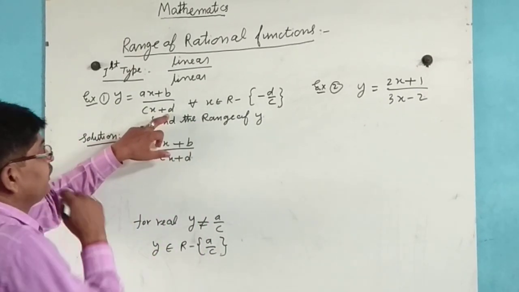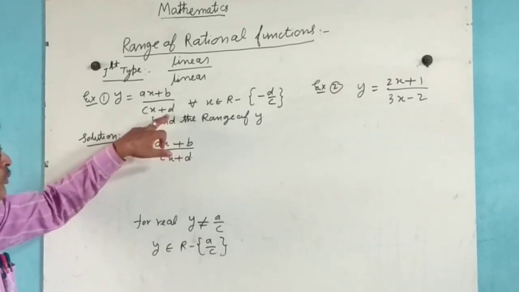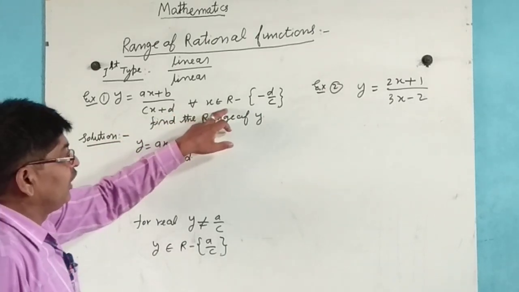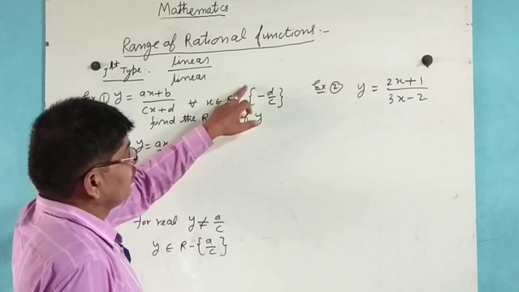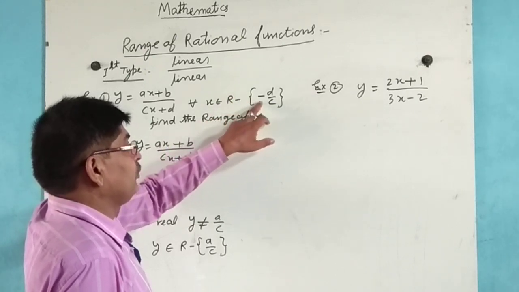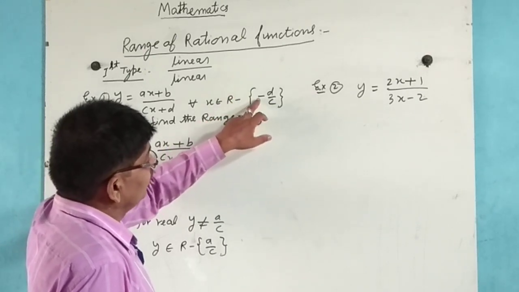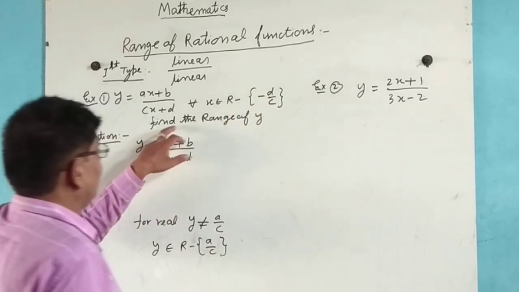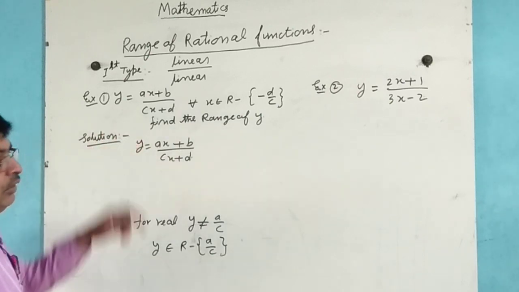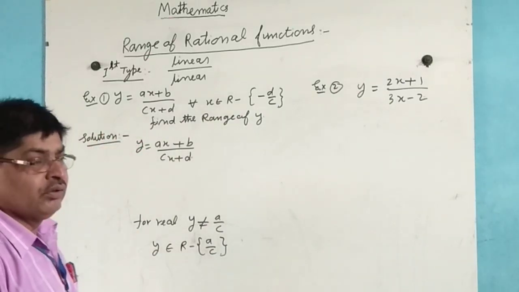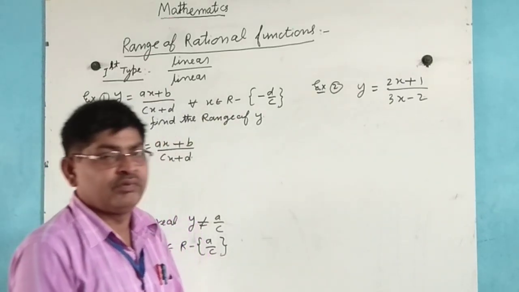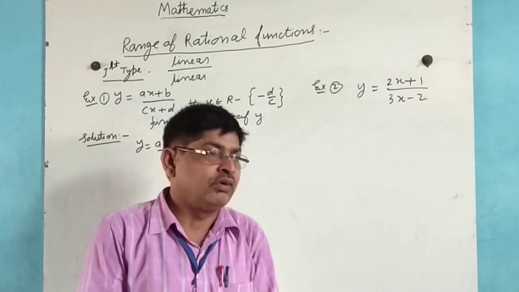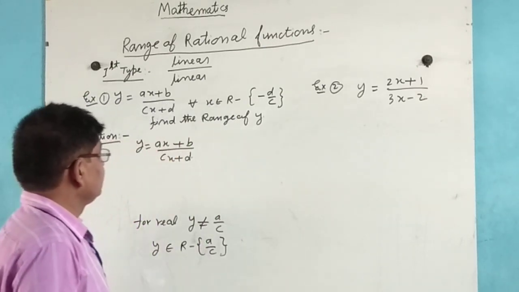This is in the linear form, for all x belongs to R minus (minus d by c). Find the range of y. Domain and range: the y coordinate is known as range.